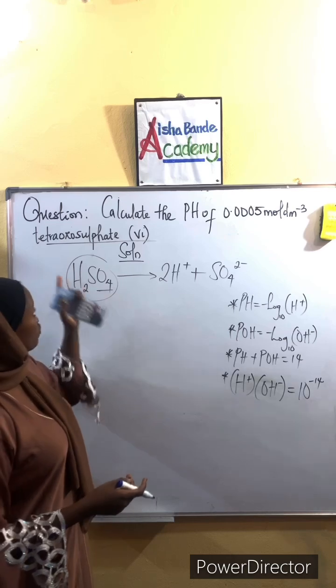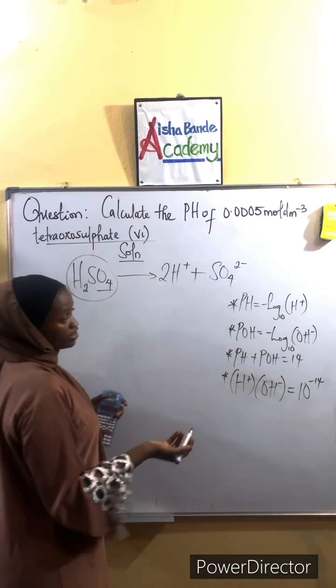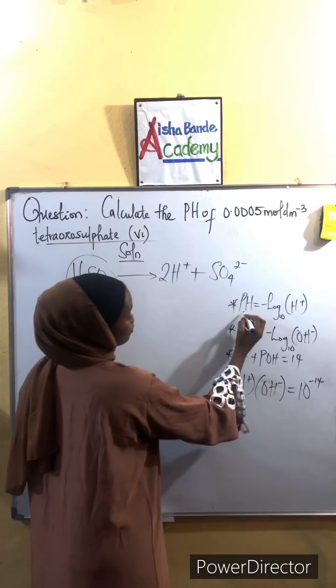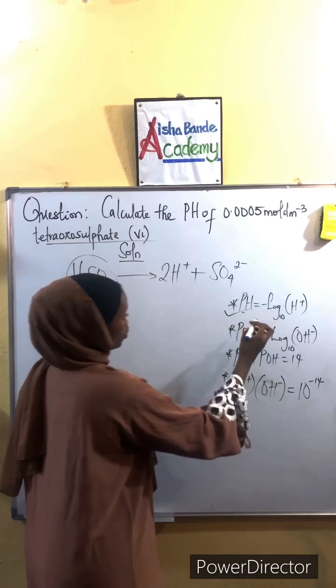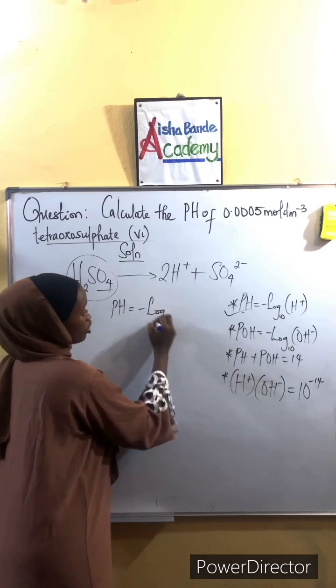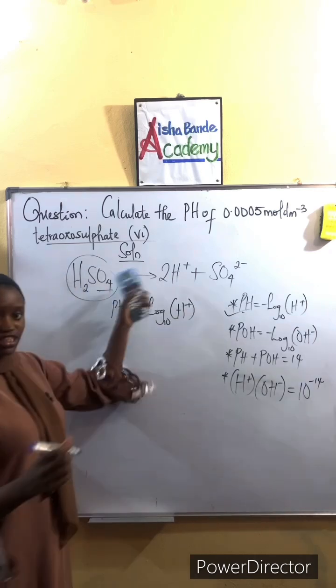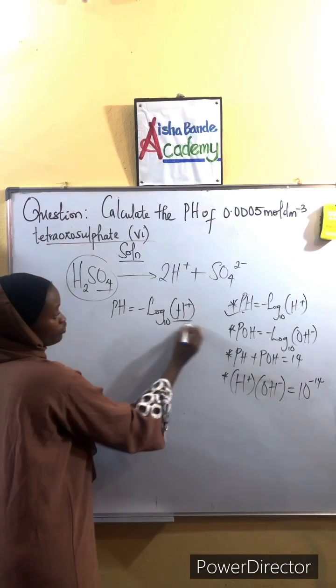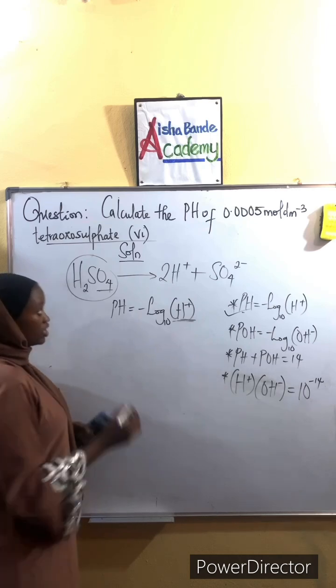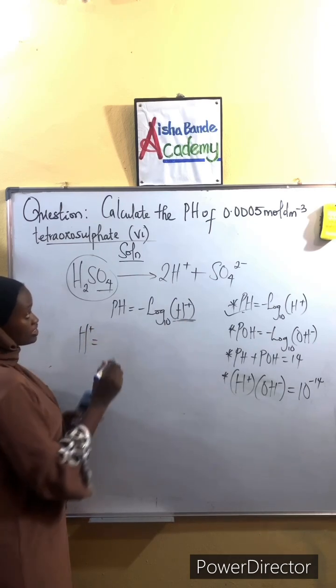So the pH of this acid. To calculate pH, we can use the first equation, which says pH is equal to negative log base 10 of H plus. However, we need to find the value of the hydrogen ion.